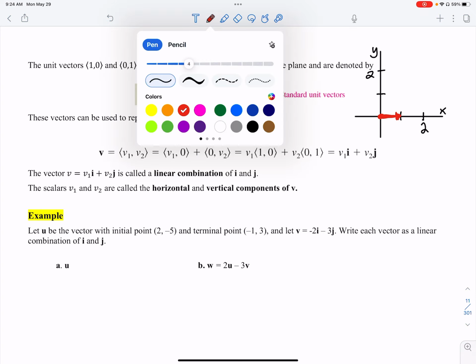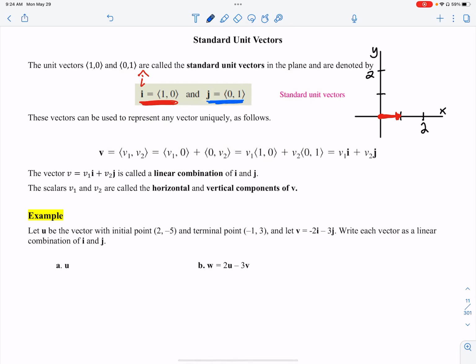Now, the other one is j, also written j hat, because it is a unit vector, and that starts here and goes up to 1 in my y direction. So we have two different vectors, i and j, and what this is going to do is allow us to make our component form of our vector look more mathy, I would say. It allows us to do some algebra with it without having to worry about the angle brackets.